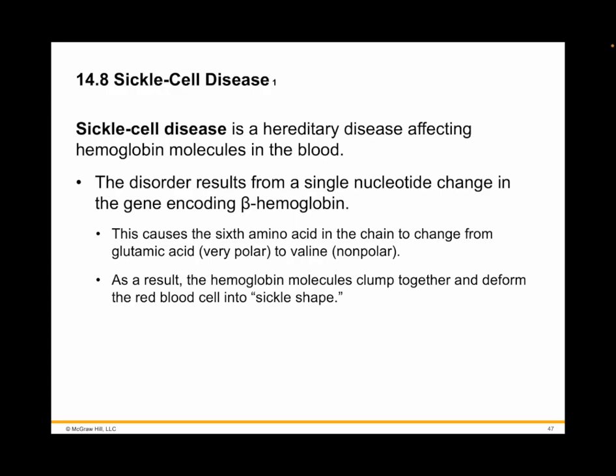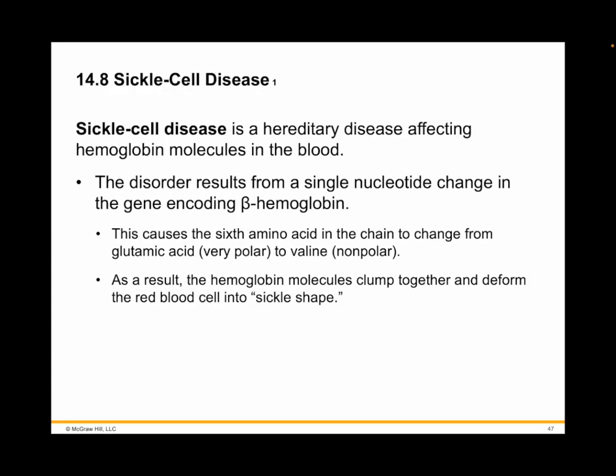Sickle cell disease, which used to be called sickle cell anemia, is a hereditary disease affecting hemoglobin molecules in the blood. It was first detected in 1904 in Chicago in a blood examination of an individual complaining of tiredness. You can see the doctor's original report on page 269 in figure 14.22.